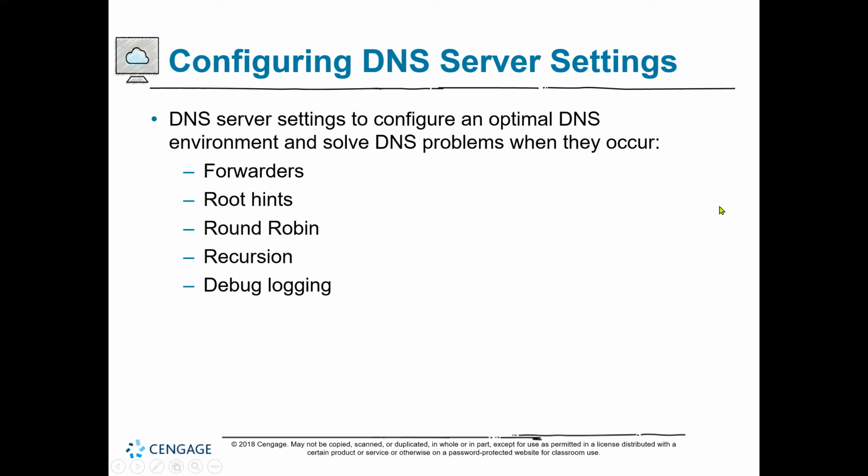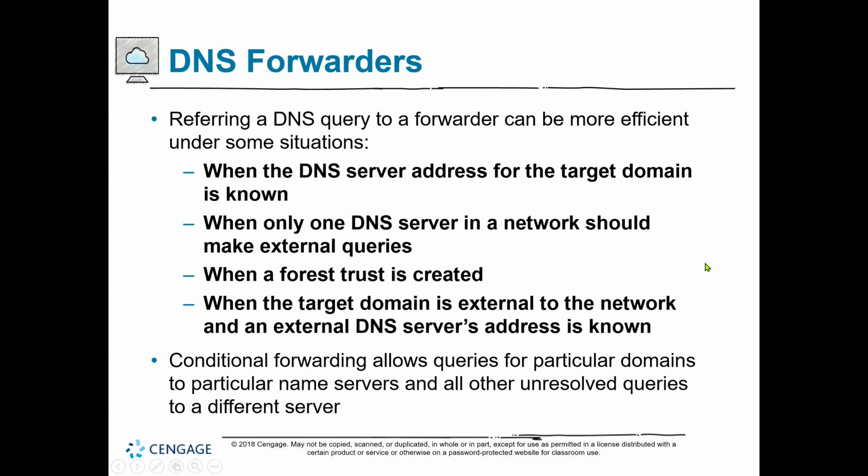Configuring DNS server settings. DNS server settings to configure an optimal DNS environment and solve DNS problems when they occur: forwarders, root hints, round robin, recursion, debug logging. DNS forwarders.